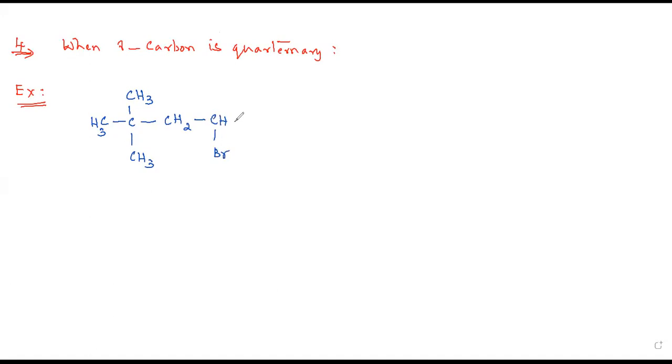This one. What is gamma carbon? This is alpha, this is beta, this is gamma. Gamma carbon is quaternary. You can see that this is a very big group. Too much bulk here. So, of course, this is again a beta one, but easy to remove as you can see when compared to this. This is difficult to remove.